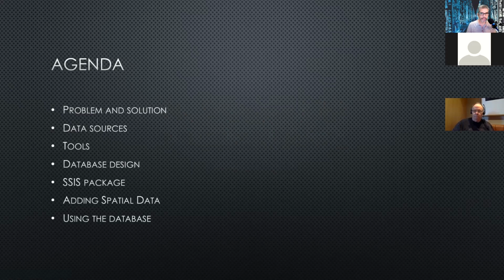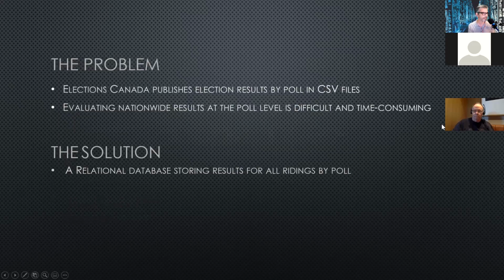We will dig into the guts of the SSIS package, that's SQL Server Integration Services, the SSIS package that actually does the work of transforming our data. As a little bonus, I'll share some stuff that I've been working on around adding geospatial data to this data set. And finally, I'll show off some of the things that we can do with this data once we've got it all loaded up into the database. So that is our agenda.